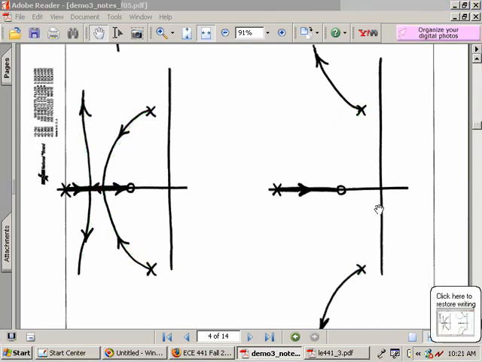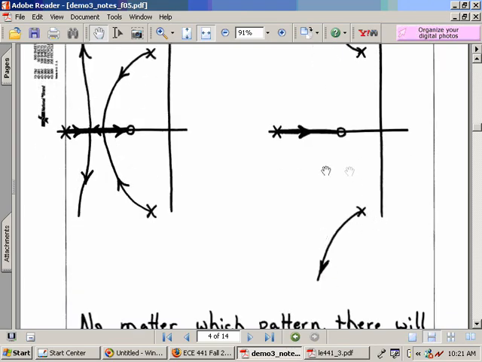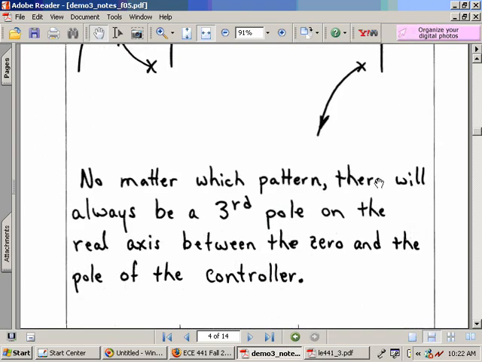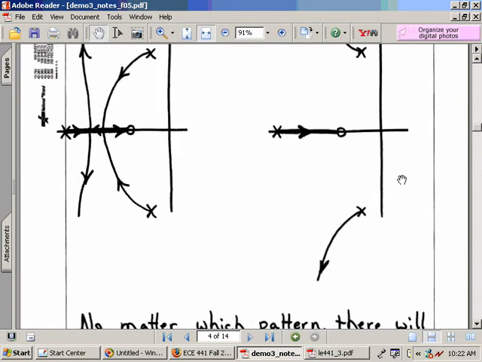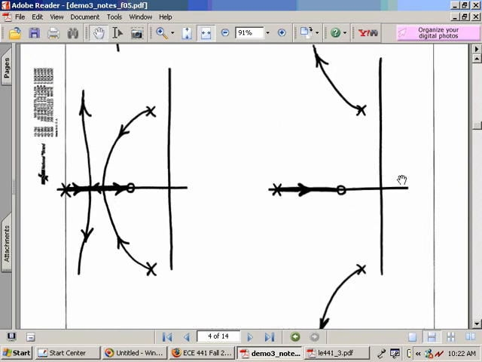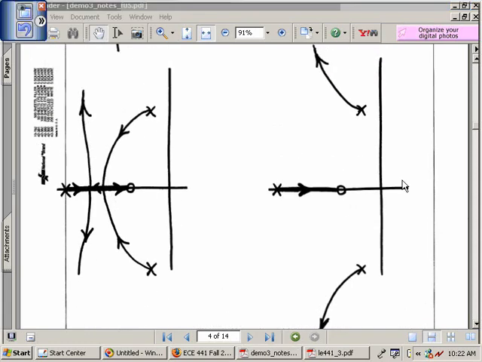But we have the following possibilities for our root locus pattern, and no matter what we do, we are always going to have these two complex roots and a third pole on the real axis, between where we've located the zero of our phase lead controller and the pole of our phase lead controller.